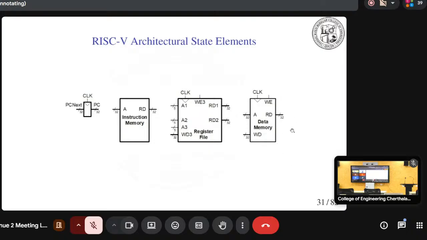These are the basic architectural state elements with which we build the complete microarchitecture.